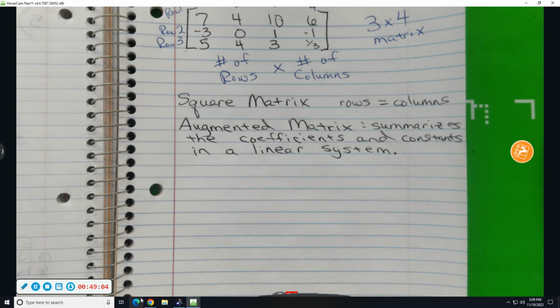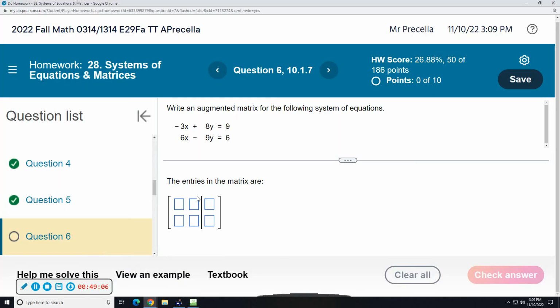Let's look at an example of an augmented matrix.